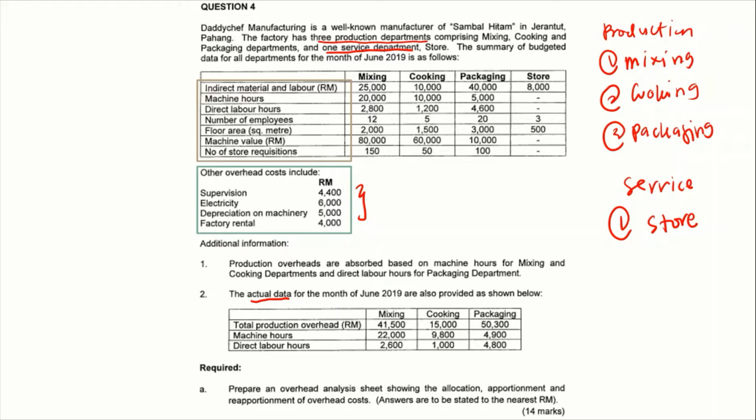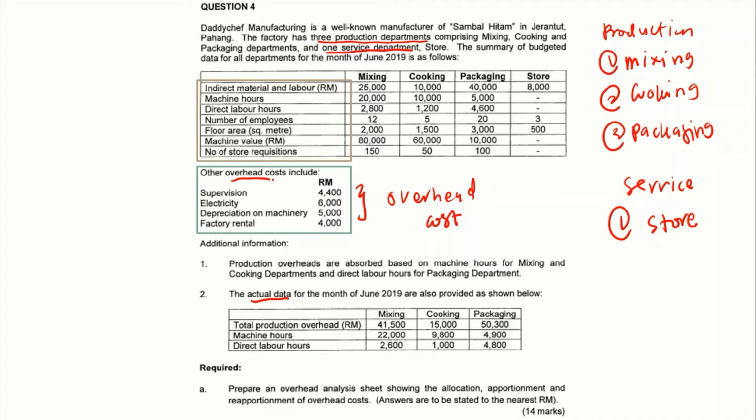There are actually 2 parts to this question. First, you have to do an overhead analysis sheet and an OAR. But today I'll focus on the overhead analysis sheet first, and we'll learn about OAR later on. So we can define from the question that these are the overhead costs, based on the title.